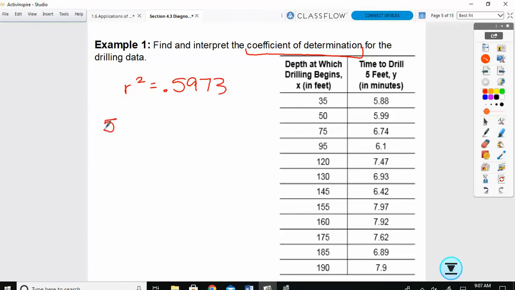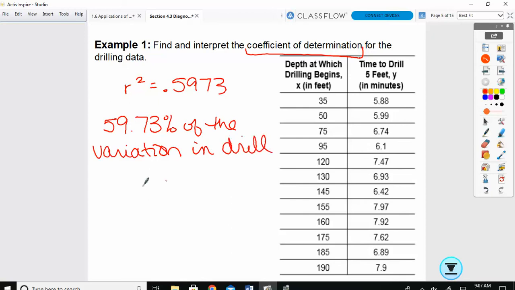So this says 59.73% of the variation in the response. The response is your Y, so that would be in the drill time. Is explained by the regression line.